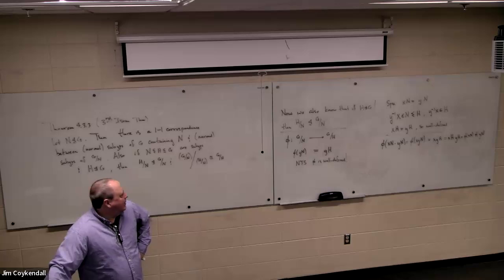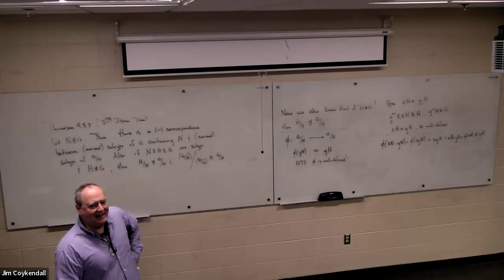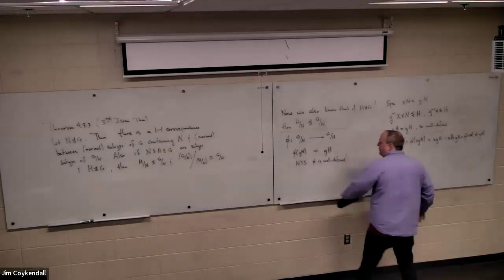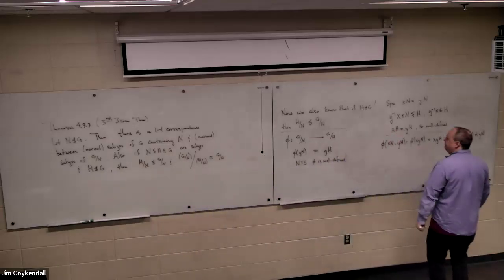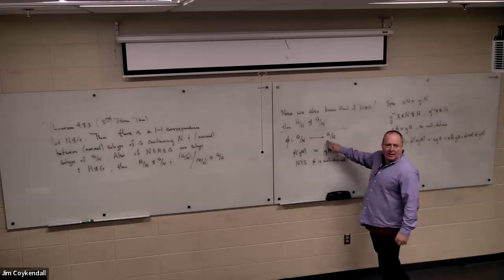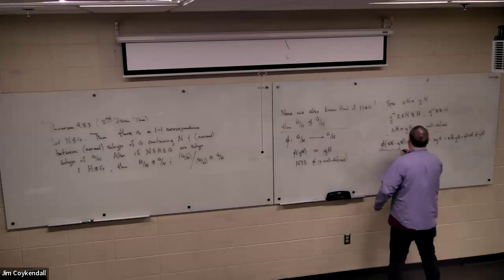It's got one other nice property. It's one-to-one? No, but take the flip side of that. It is onto, as a matter of fact, right? So let's see why it's onto. What does a typical element of this look like?